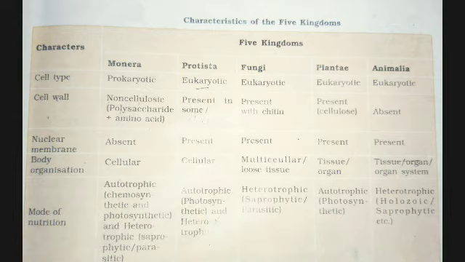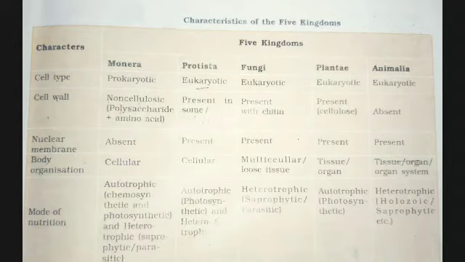Now the third kingdom, fungi. Cell type of kingdom fungi is eukaryotic. Cell wall of kingdom fungi is made of a special substance, chitin, right? It means their cell wall is made of chitin, rather than glucose or cellulose, right?